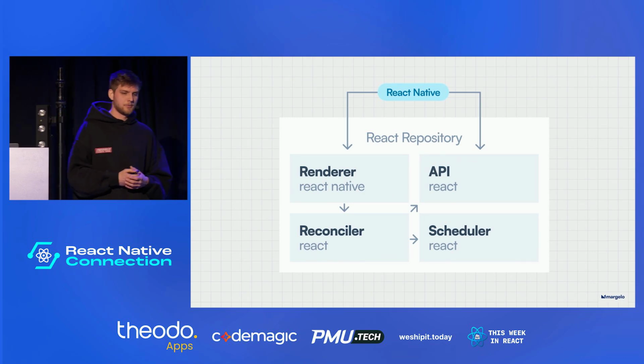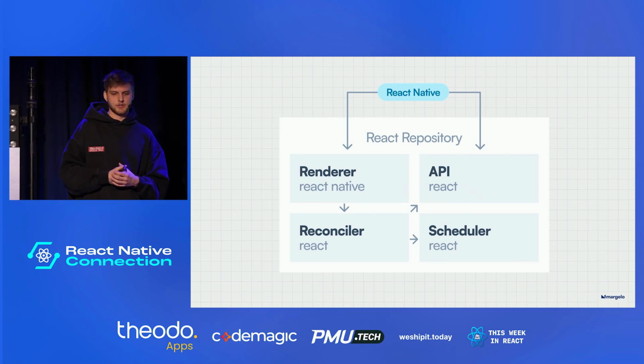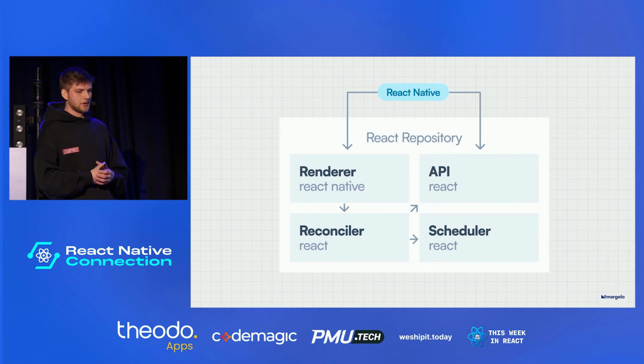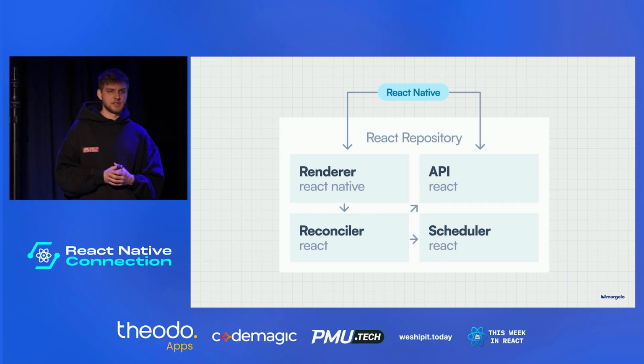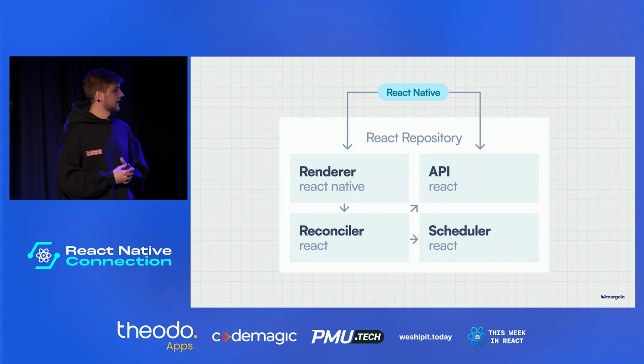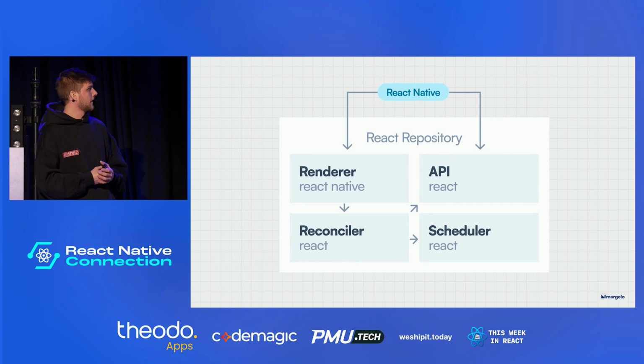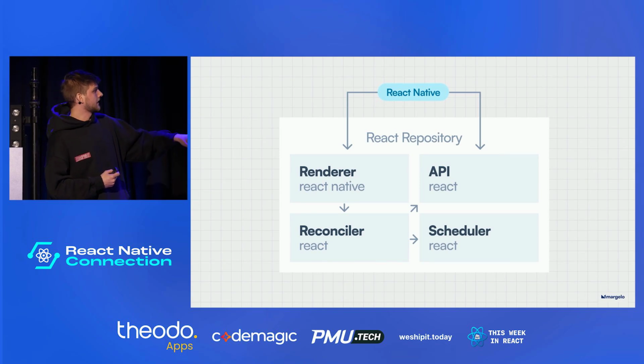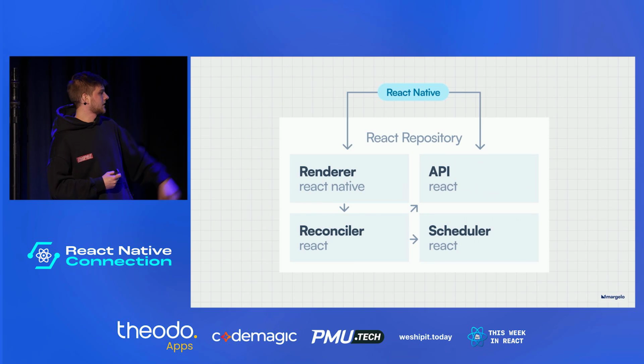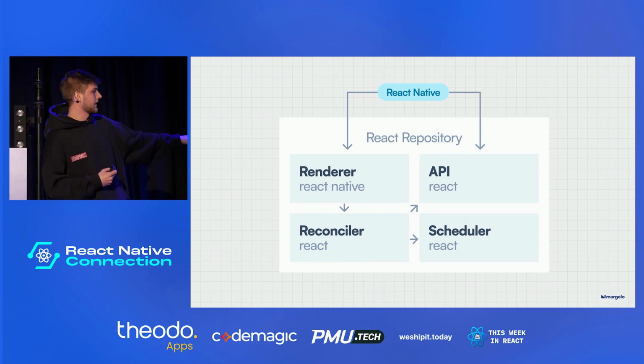Now, there's one important thing that I want to mention about using React in React Native, because we as developers are only using the React API, like create context, the JSX, use state hooks. But there is the React renderer from React Native, which passes a config to the React reconciler.